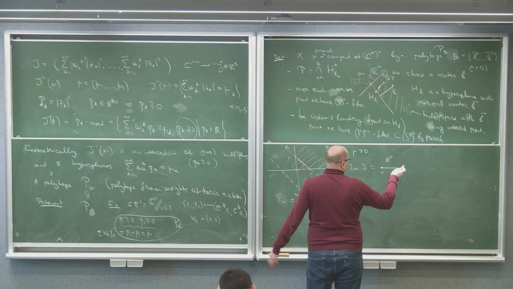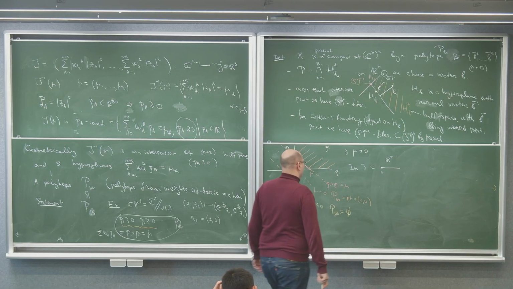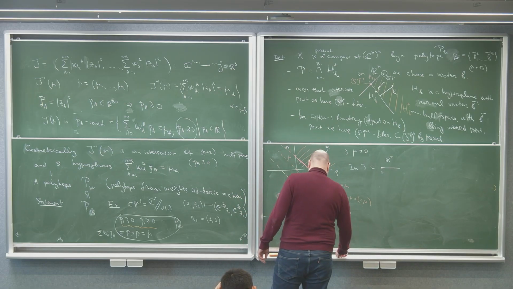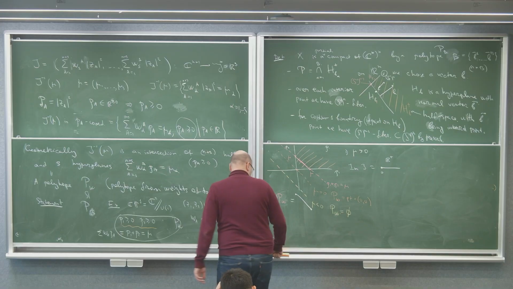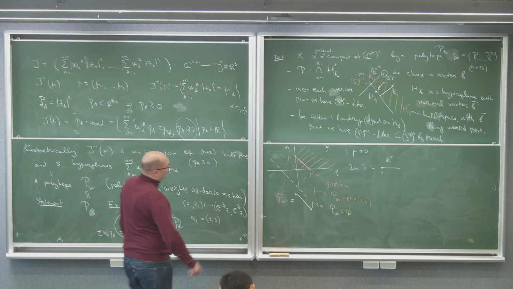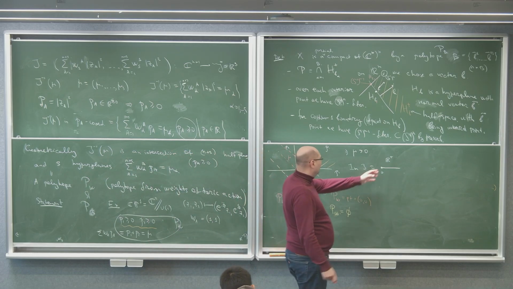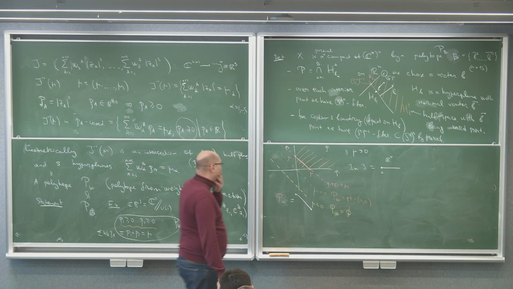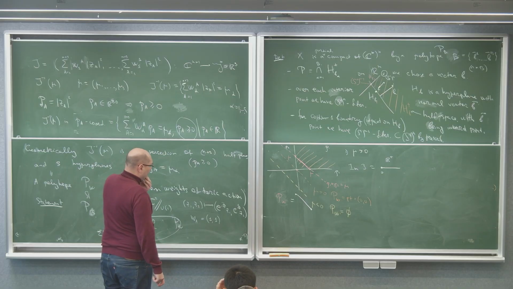So it can take all values from 0 to any positive number, and this point 0 is a boundary point of these values, and it is not a regular point on a moment map.